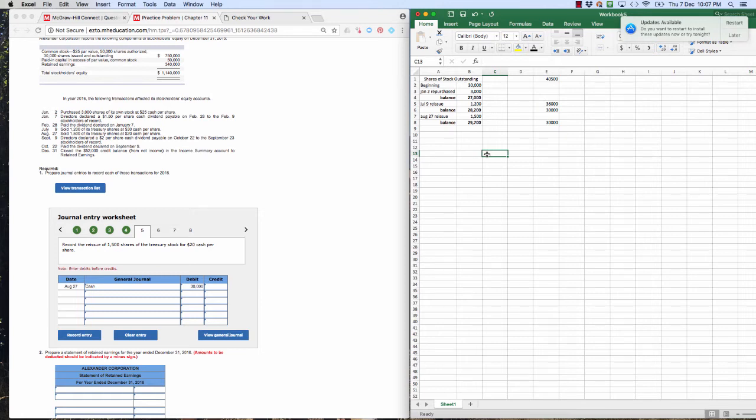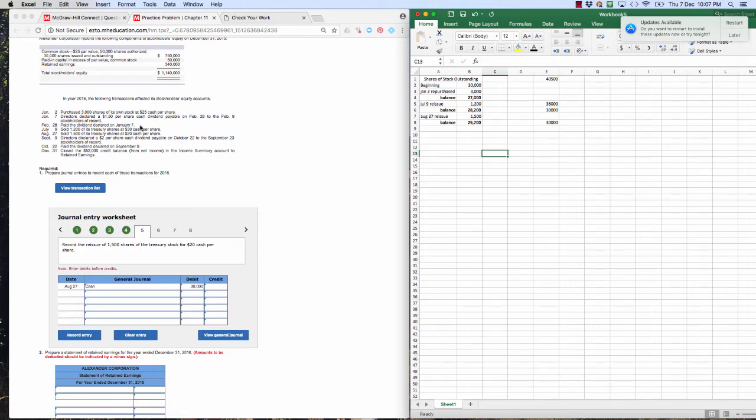So when we're dealing with selling treasury shares below cost, I like to take it in 3 steps basically. I start by identifying the cash amount, which we did. And then I try to identify the value of the treasury stock that we sold.